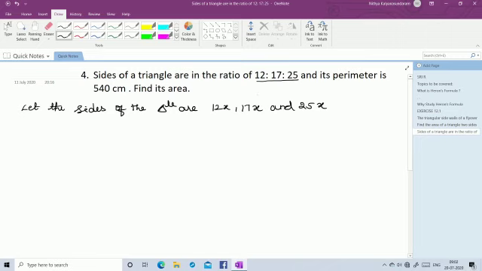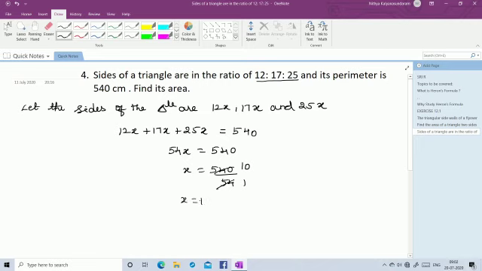So by using the perimeter, first calculate the three sides. So 12x plus 17x plus 25x is equal to 540, the perimeter. So 12 plus 17 plus 25 is 54. 54x is equal to 540. So x is equal to 540 divided by 54, so x is equal to 10.